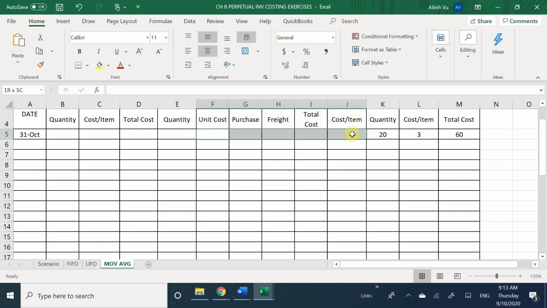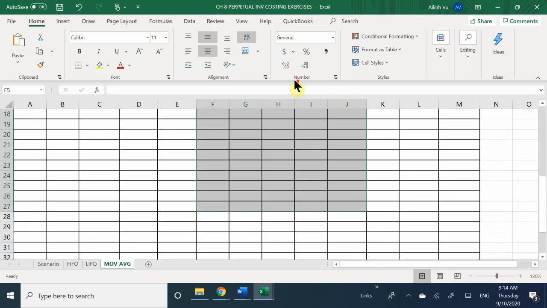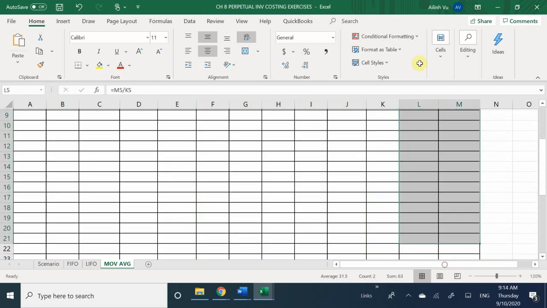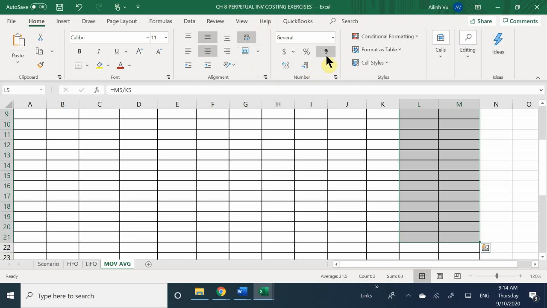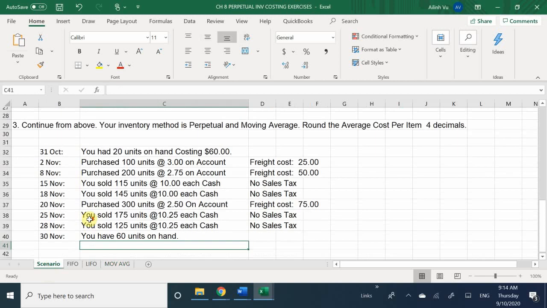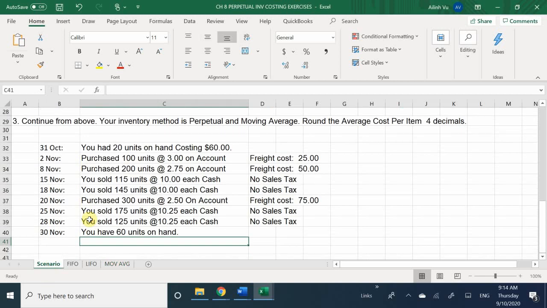So let me change this real quick. What happened here? What happened on November 2nd?